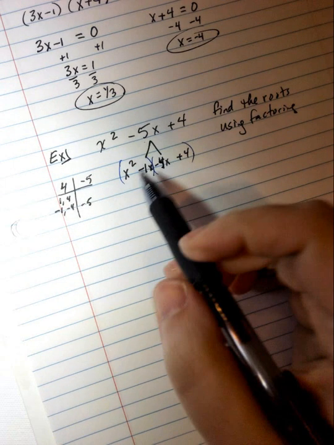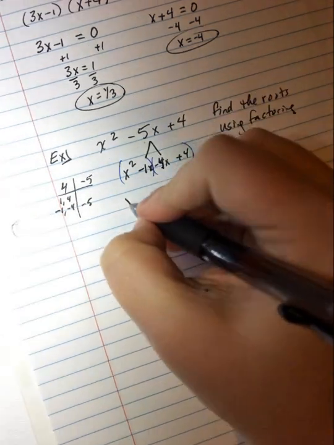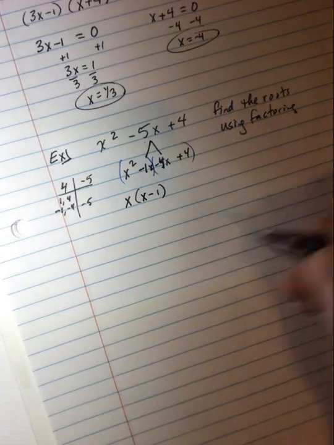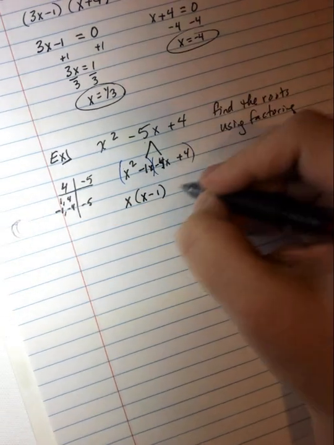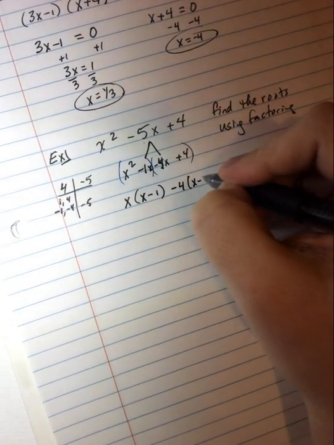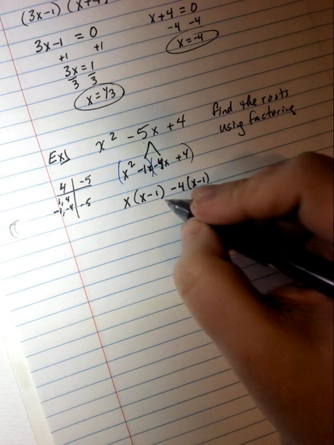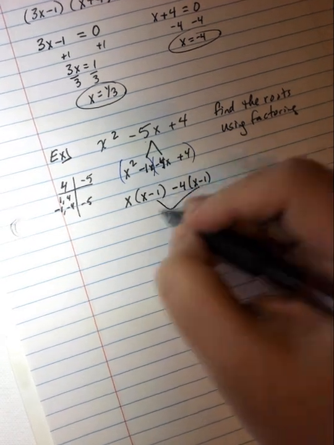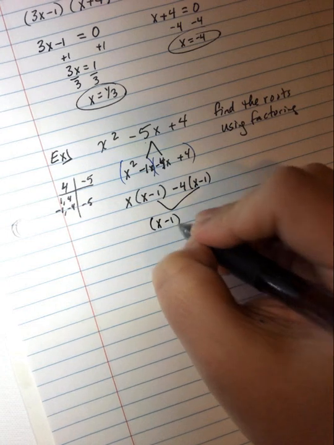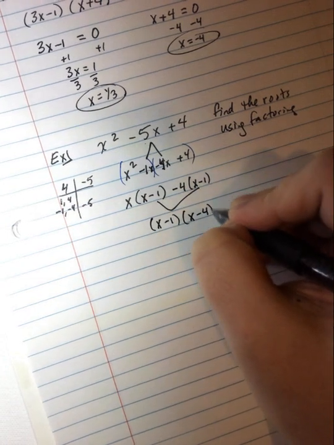So now GCF between x squared and x is going to be an x. So I get x minus 1. GCF here is going to be a -4. I am going a lot faster, so if you need a review on factoring, you might want to check out those videos. So there's 3 videos online. Other than that, I'm going to kind of go real quick through this. My parentheses are right. They match, so I get x minus 1, and I'm left with x minus 4.